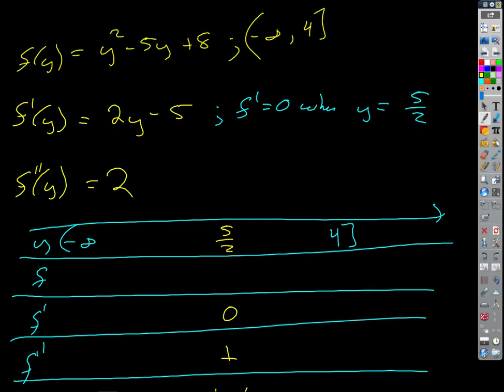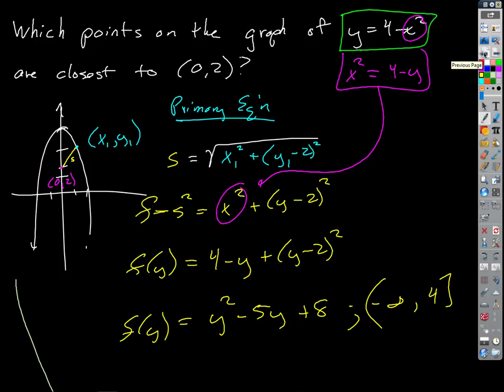So then if y is 5/2, they wanted the point, so what do we have to do? Yeah, we've got to solve for x. So if y is 5/2, x squared equals 4 minus 5/2.